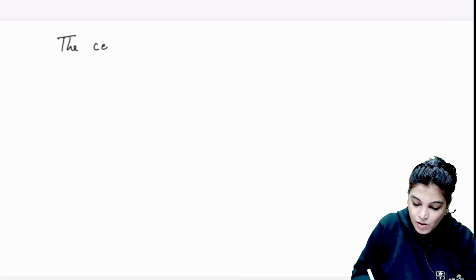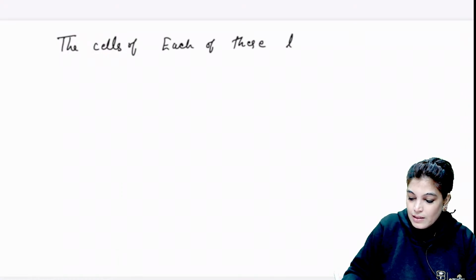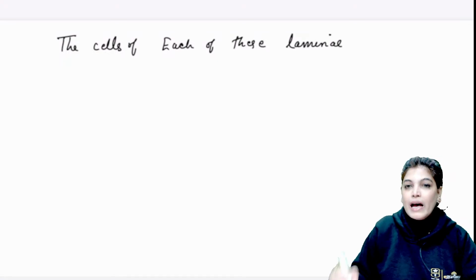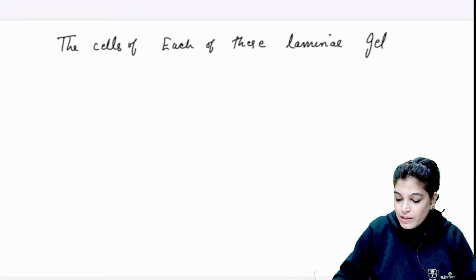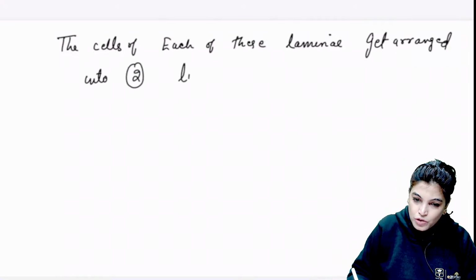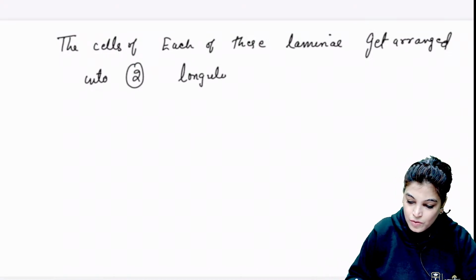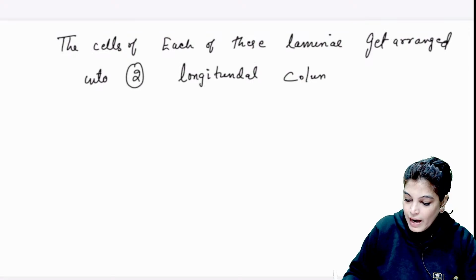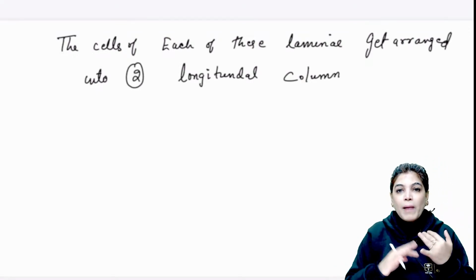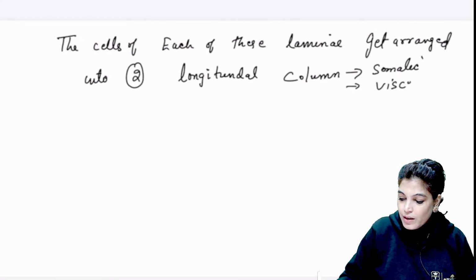Please write down: the cells of each of these laminae get arranged into two longitudinal columns, the somatic and the visceral.